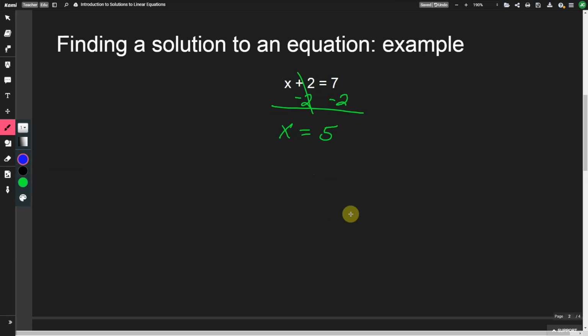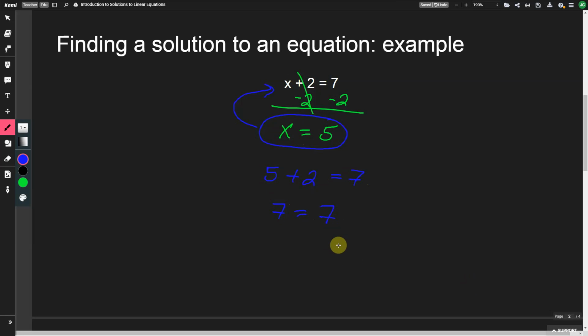x equals 5. How is that the solution? Well, if you were to actually take the step further and plug it back into the original equation, where x is 5, instead of x we're going to put 5, we'd get 5 plus 2 equals 7. You add these two numbers together, you're going to get 7 is equal to 7.